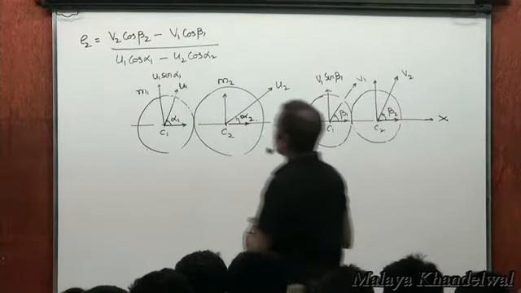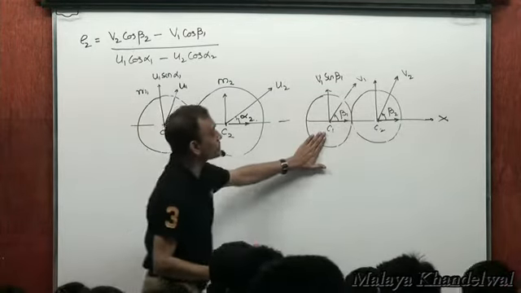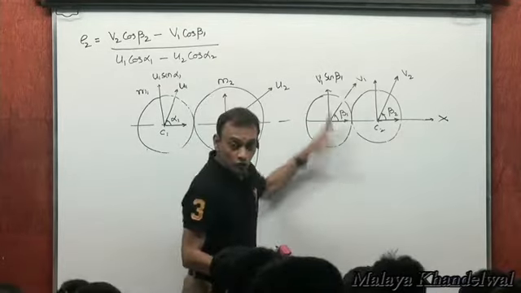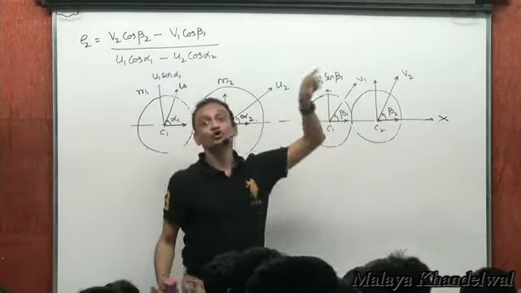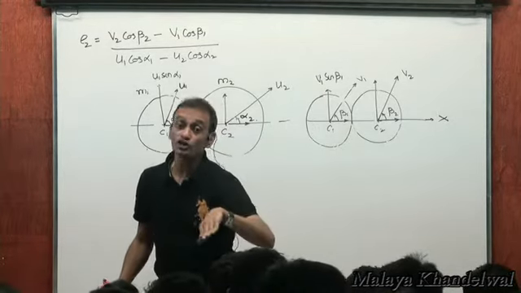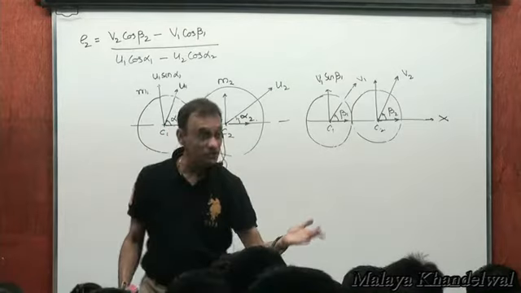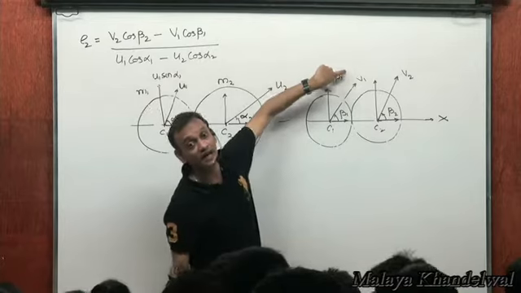Now, the velocity of c1 before collision in this direction, velocity of c1 after collision in this direction. Now, these are directions I mentioned belong to friction. If the two colliding units are smooth, then u1 sine alpha 1 must be v1 sine beta 1, right?